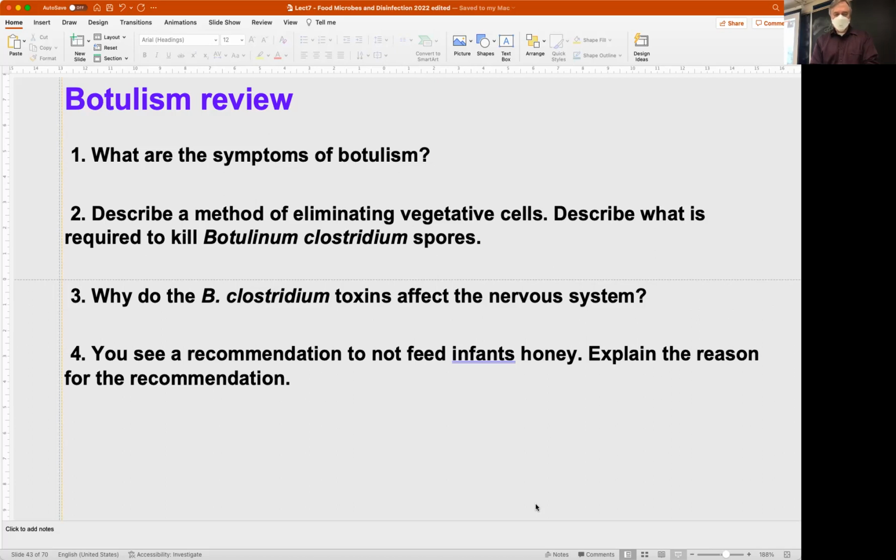Why do Clostridium toxins affect the nervous system? And that was the explanation with the acetylcholine vesicles being disrupted. So the nerves are disrupted. The regular operation of the nerves is disrupted. You see a recommendation to not feed infants honey. Why? They don't have an immune system capable of combating botulism.